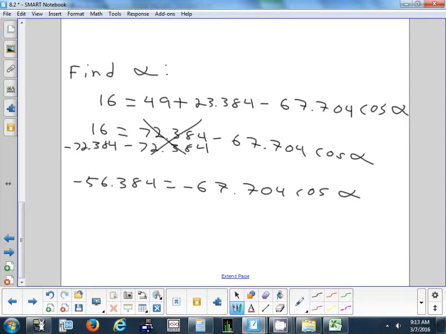What's my next step? We want to get the cosine alpha by itself and divide by negative 67.704. Divide by the negative 67.704. So that's all gone.